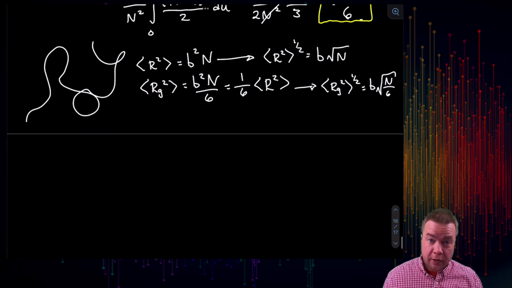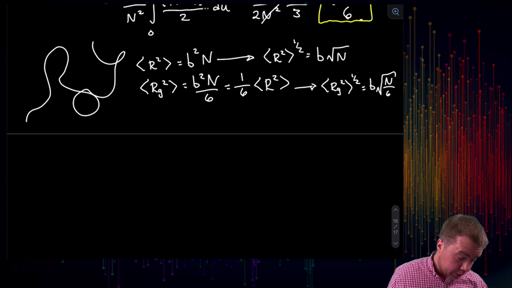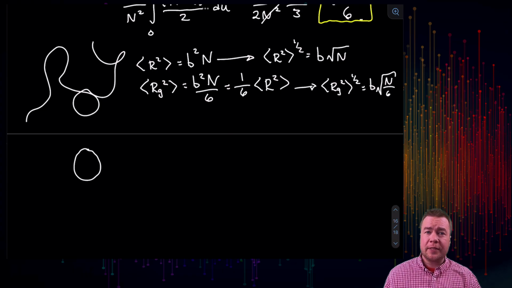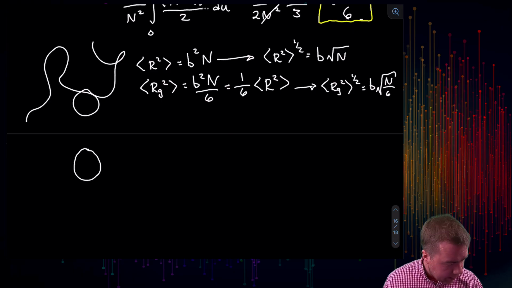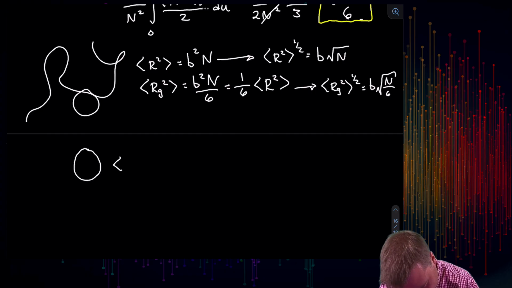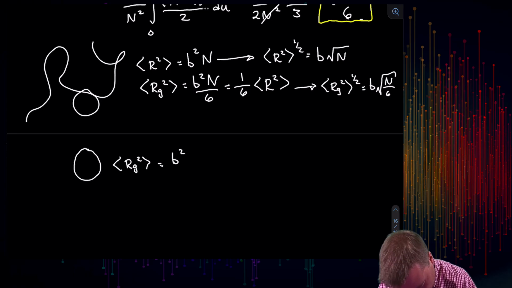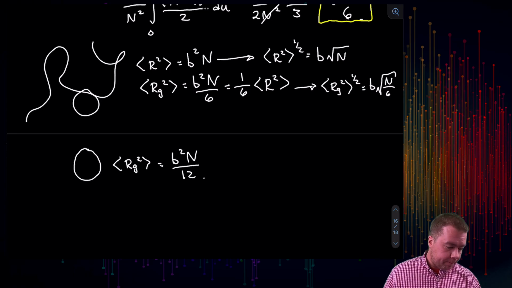Okay, so we could do this for other architectures too. So for example, instead of a linear polymer, we could look at a ring, a cyclic polymer. People make these. I've studied this in my own group. You get that the mean squared radius of gyration for this thing is b squared n divided by 12.